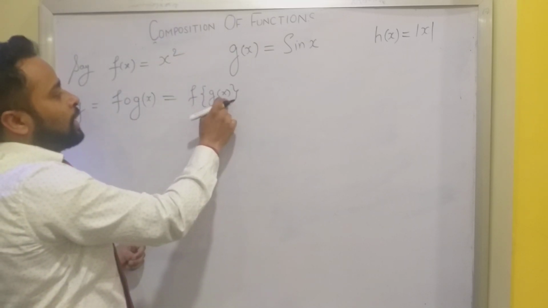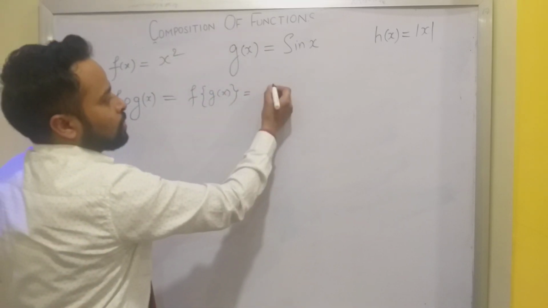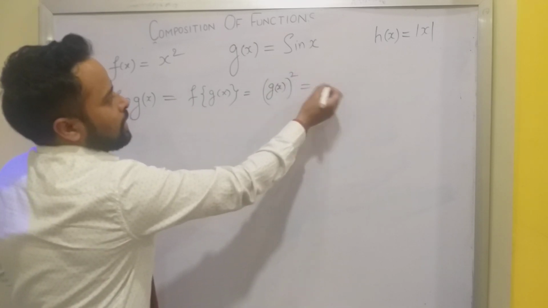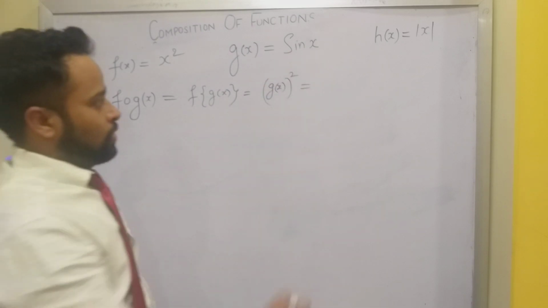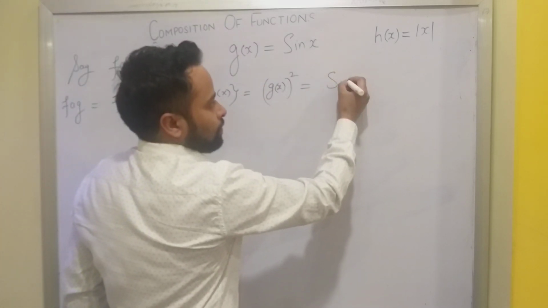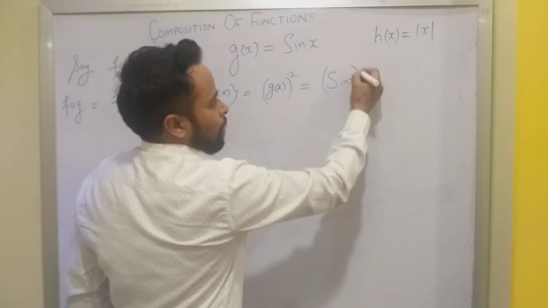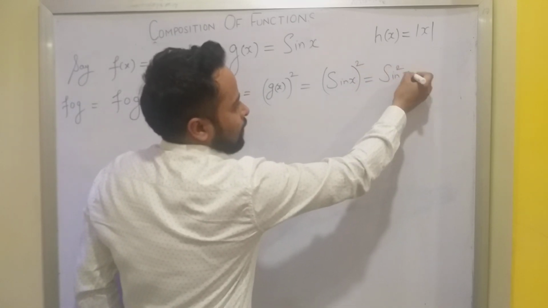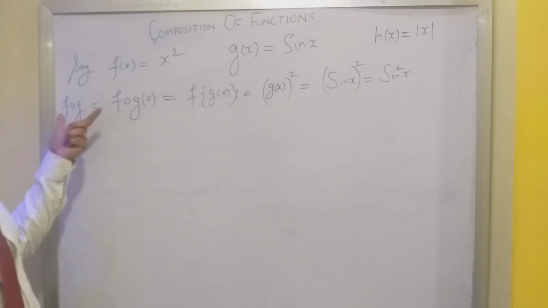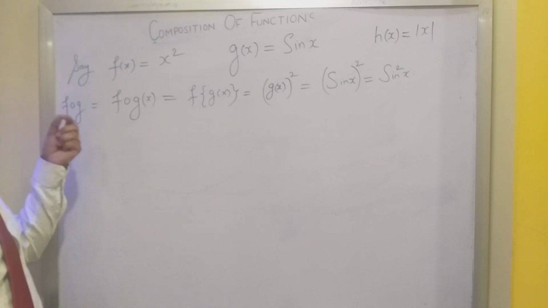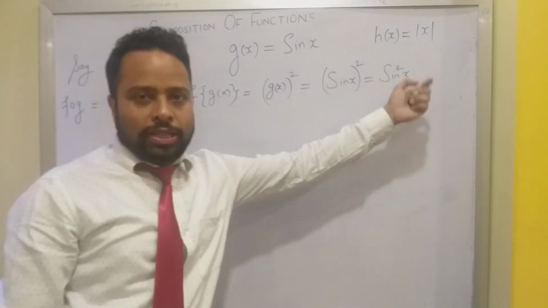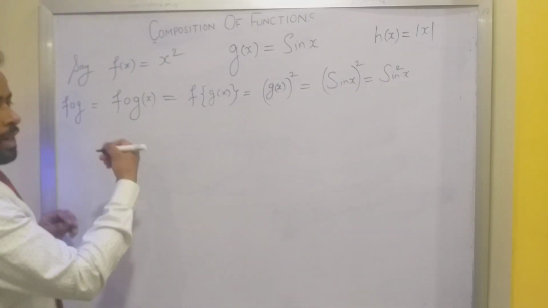So when it is g of x, it is g of x whole square. And what is g of x? g of x is sine x. So I get sine x whole square, which is sine square x. Now you can see fog is a function made out of f of x and g of x, and the function is sine square x. Similarly, let us try one more.